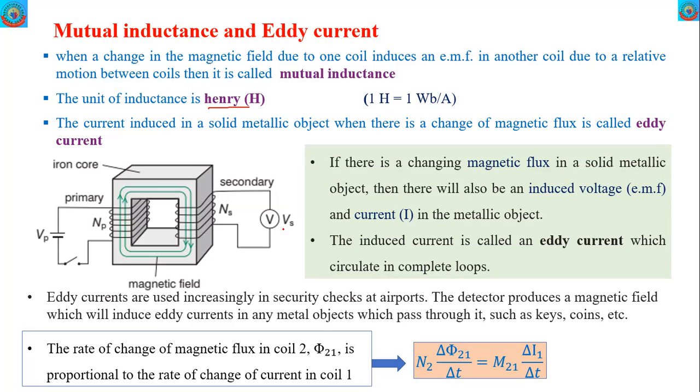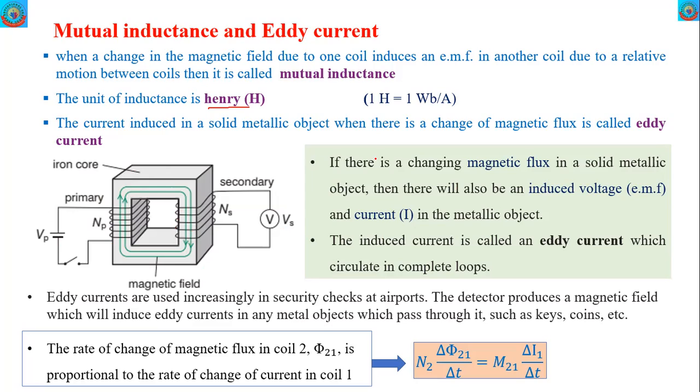This is the secondary voltage Vs, and the primary voltage. So this is the transformer condition, and there is a transformer core, and there is a magnetic field which is moving around the core. So the current created because of this, what do we call it?